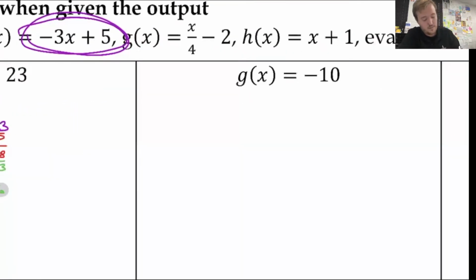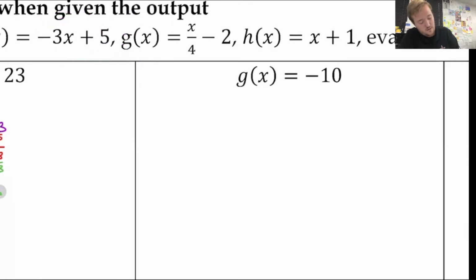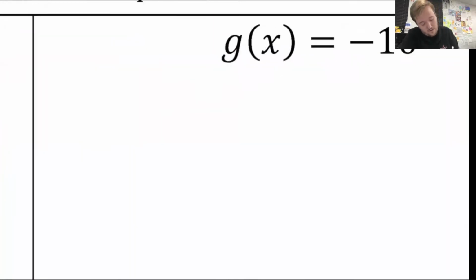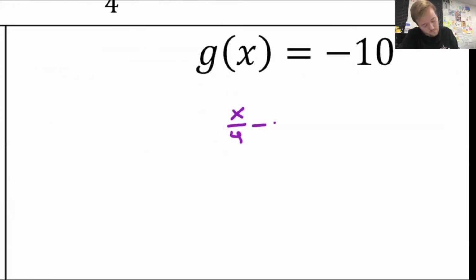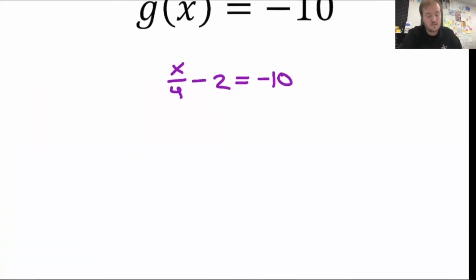All right, so same idea over here. Okay, so g of x equals negative 10. So I'm going to take my g of x function and I'm going to rewrite it. So I have x over 4 minus 2 equals negative 10. And I want to solve for x. So once again, go through the steps and add 2.